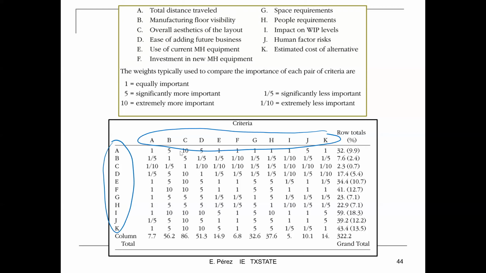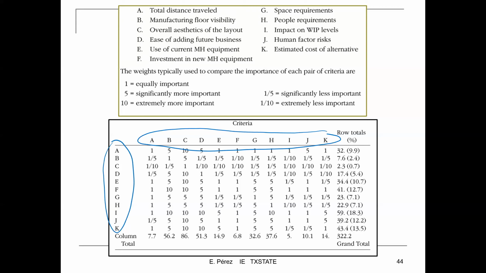The same way you go for each one of the items in the list until you go through all of them, and then you compute the row totals and the column totals. That gives you a grand total. You can also compute the percentage of the row totals when compared to this value.